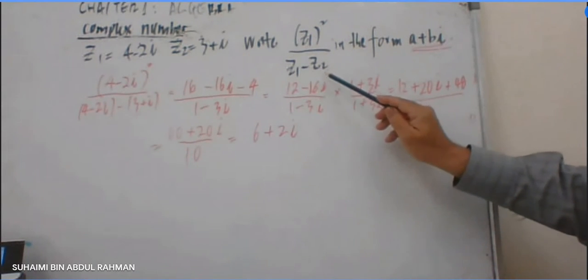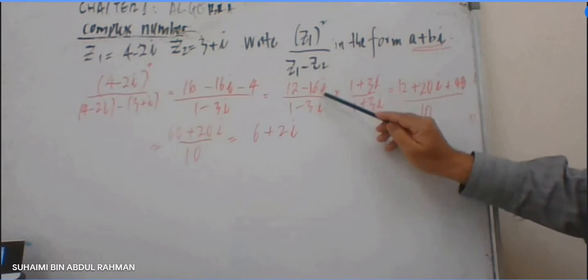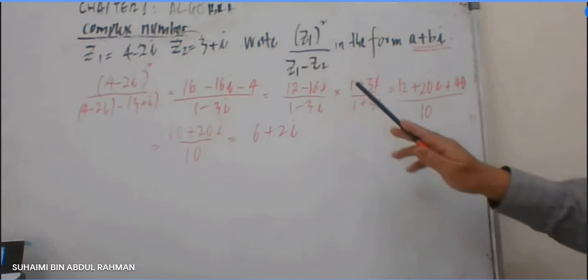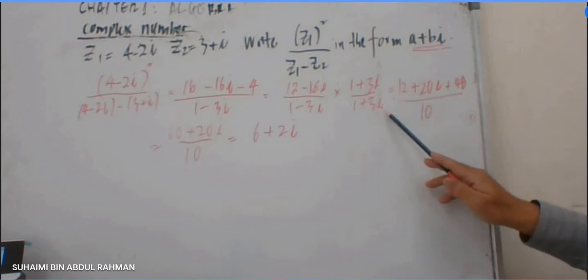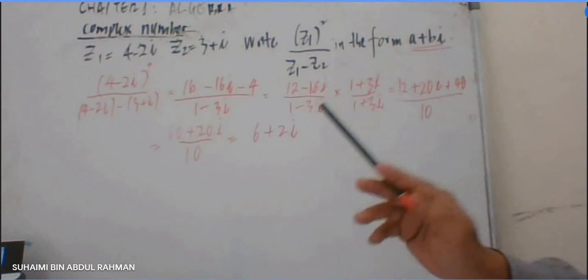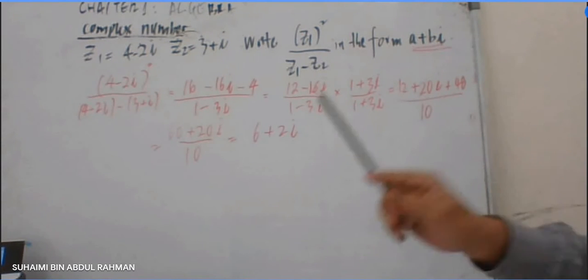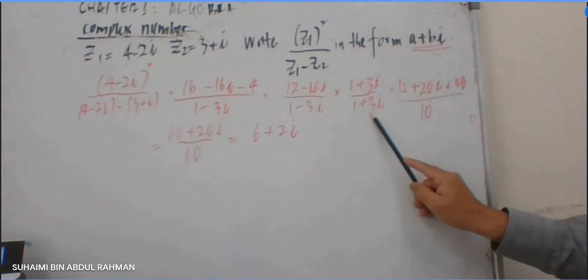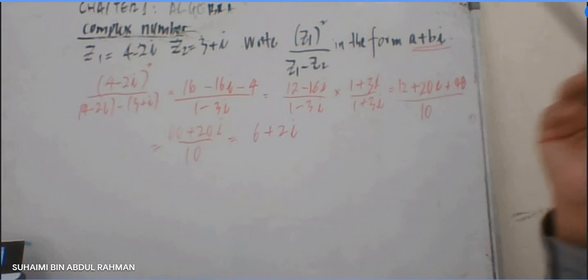So like that we divide two complex numbers. Division of two complex numbers, we need to multiply both numerator and denominator by the conjugate of the denominator. Conjugate of denominator is 1 plus 3i.